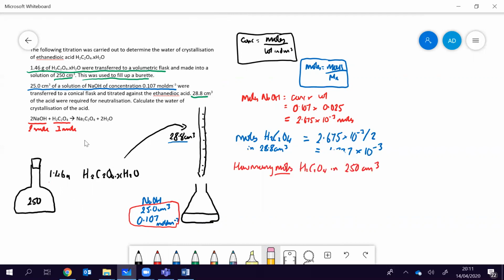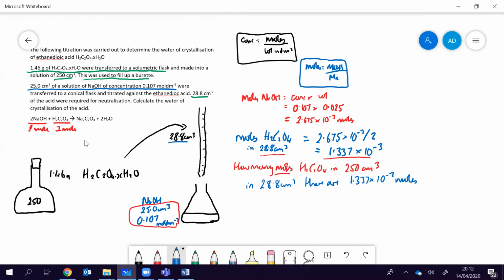Well, we've got that many moles in 28.8. So I'm going to say, so this here is in 28.8 centimeters cubed, there are 1.337 times 10 to the minus 3 moles.